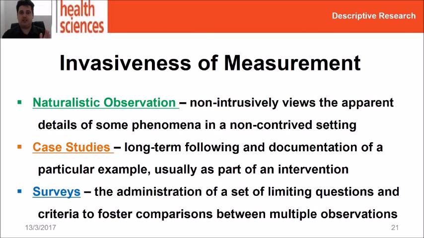We can compare multiple people and multiple groups' responses to each other. So in that sense, it is the most limiting and most invasive of the different forms of measurement in descriptive research, but it fosters comparisons and statistical parallels that we otherwise wouldn't be able to do.